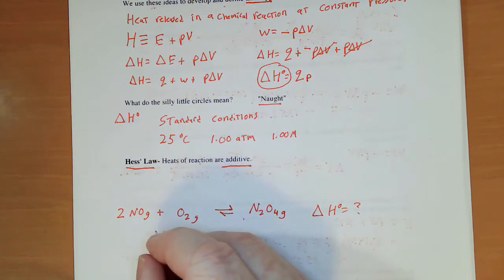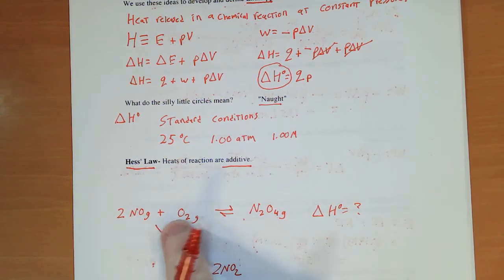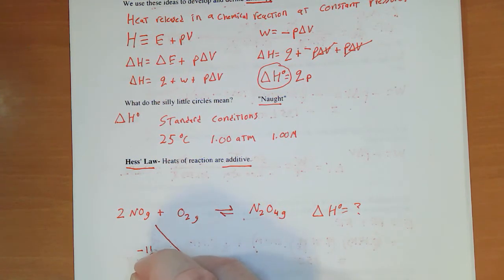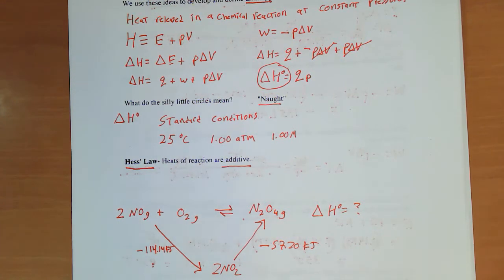But what I do know is delta H naught for the reaction of 2NO and O2 to 2NO2, which is negative 114.14 kilojoules. And I know for 2NO2 to N2O4, which is negative 57.20 kilojoules. So I can add those together.